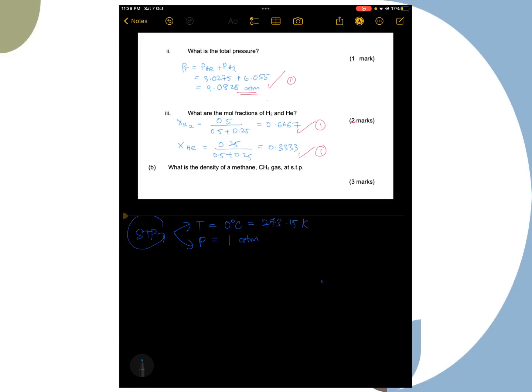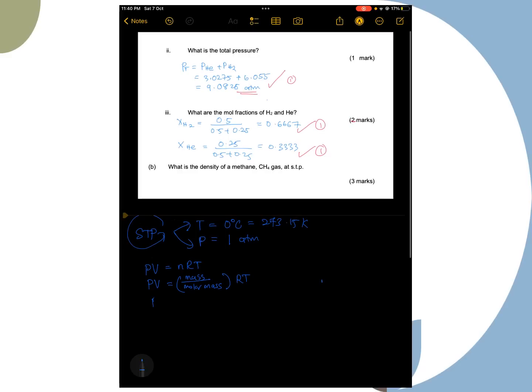Since it involves gas and the question asks about density, we know that from the ideal gas equation, PV equals nRT, we can derive this equation. PV is equal to n, which is mass over molar mass, times RT. From here we can derive the density.